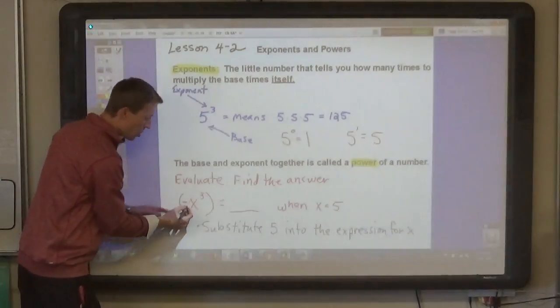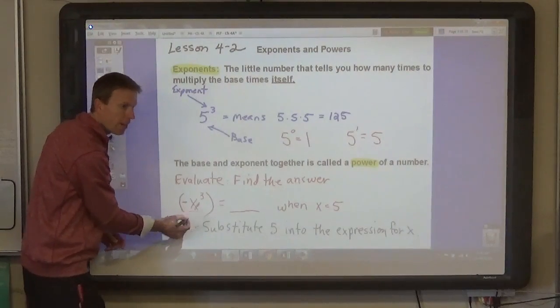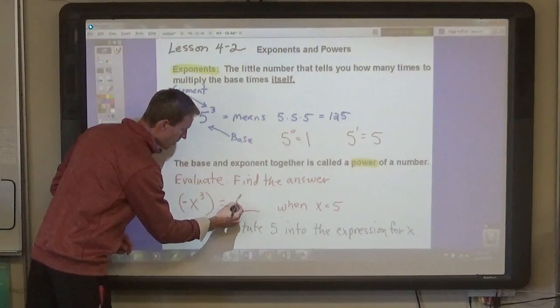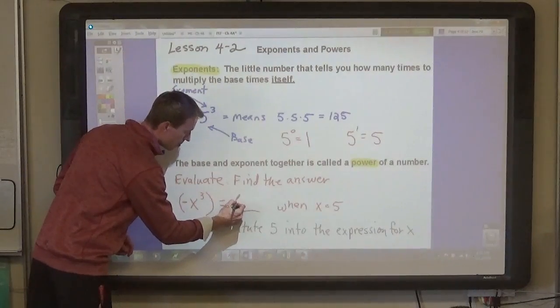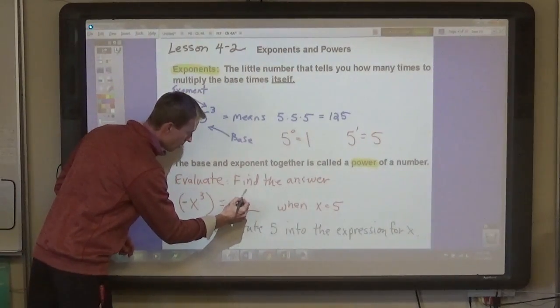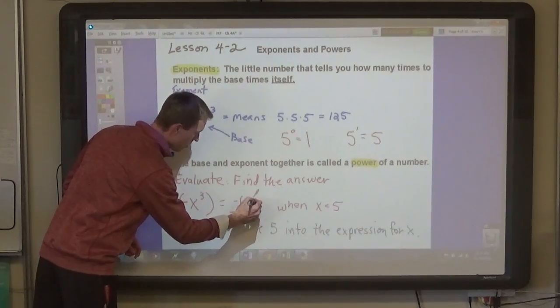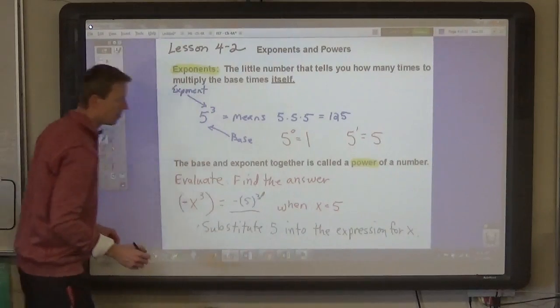You just replace the x with 5 in parentheses. Always put parentheses around it, so that it is negative 5 to the 3rd power. Okay?